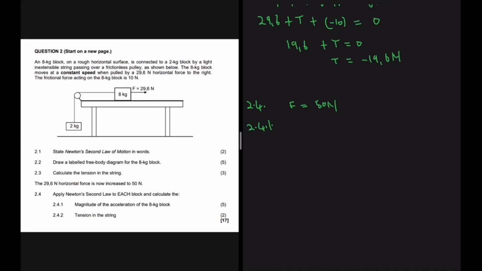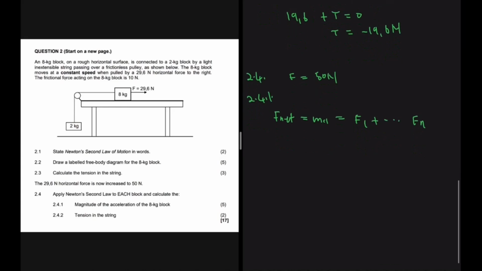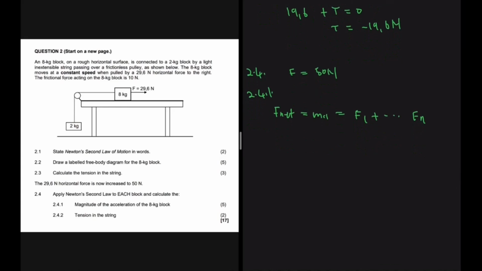For the 8 kg block, we're sticking to the basics. We know that F net equals ma, which equals the sum of all the forces acting on the object, from F1 to some Fn, n being any number of forces we have. F1 is the force being applied, 15 Newton.